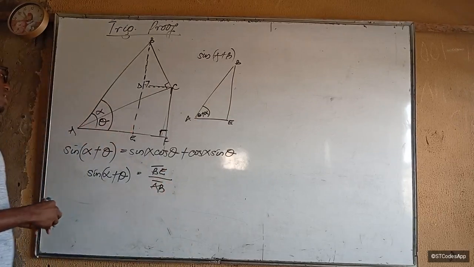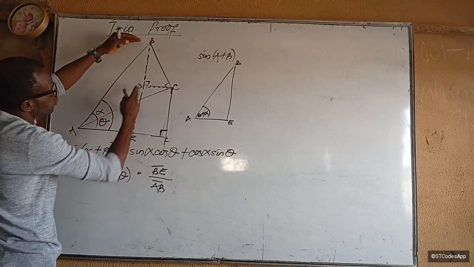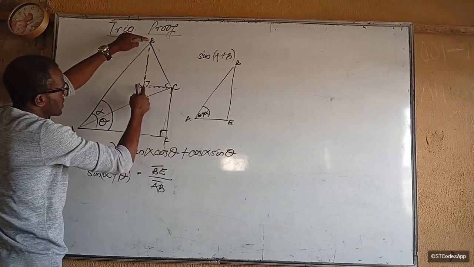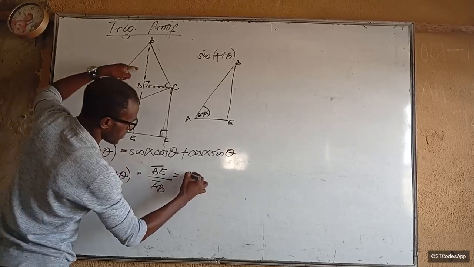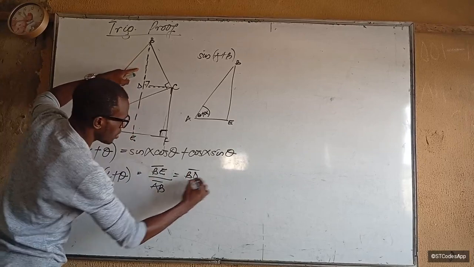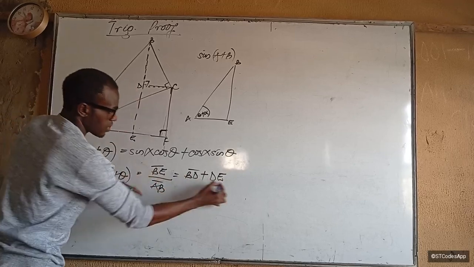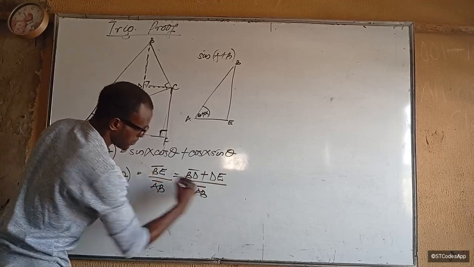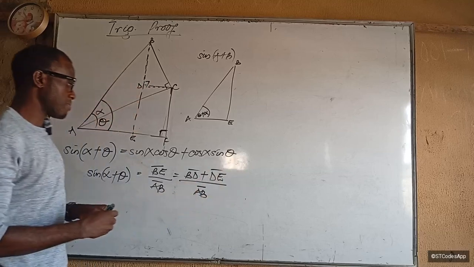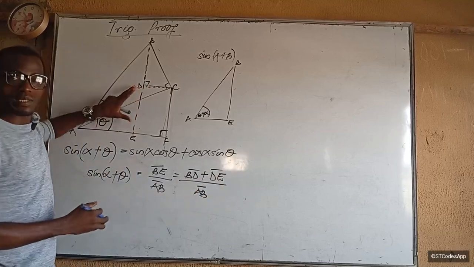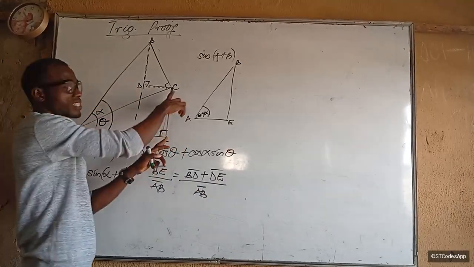Now, we know that line BE can be divided into two. There is BD and DE, isn't it? So this becomes line BD plus line DE. That's what gives us BE, right? Over line AB. Does this make sense? Then from here also, we know that line DE will have the same length as line CF.